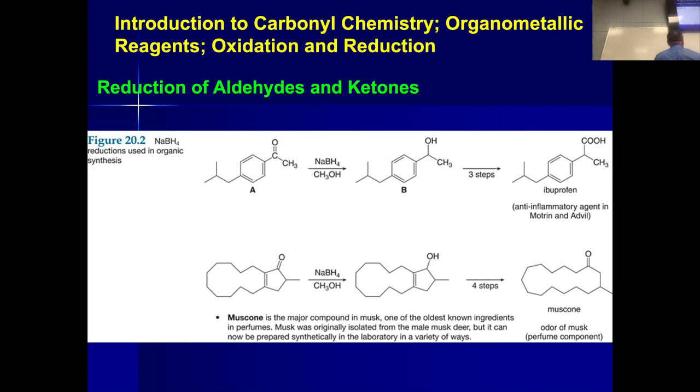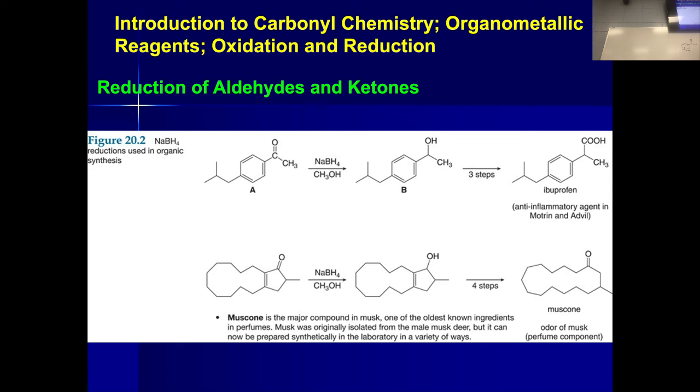So if I took benzaldehyde, this time I will draw benzene, and I put an aldehyde out here, right? And I react this with sodium borohydride and methanol, right? What's the product going to be? Primary.